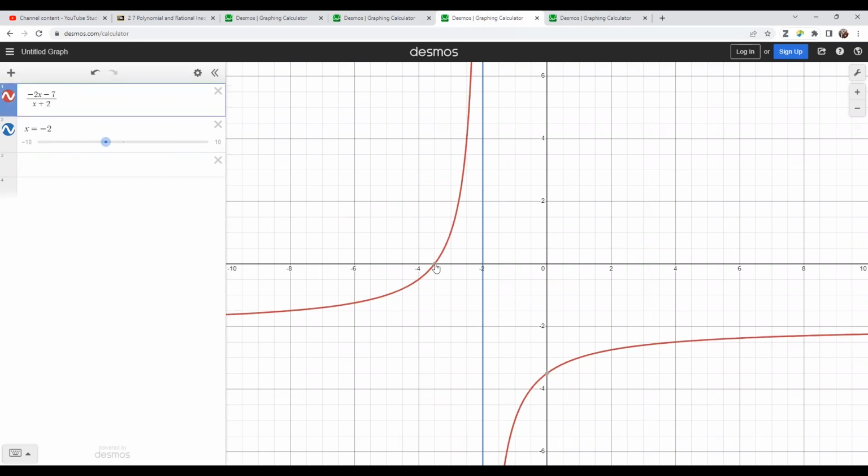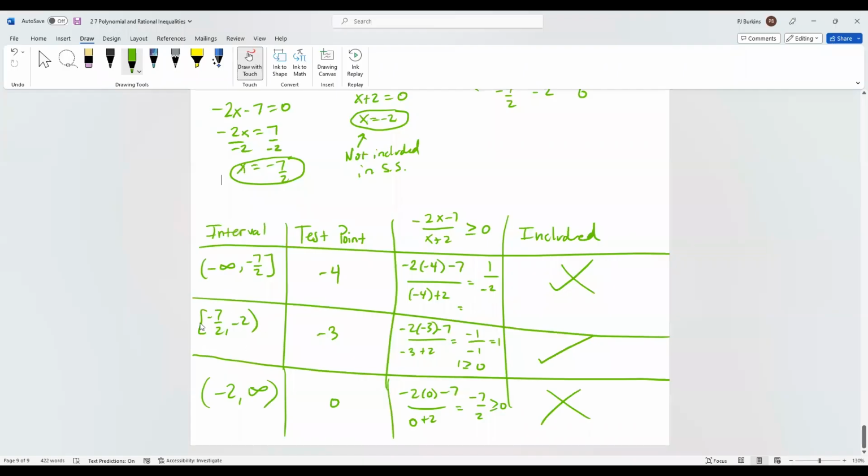According to this, it's negative 7 halves over to negative 2, negative 2 not included. And that's it, right? The rest of this curve is not going to make it above the axis. So greater is from negative 7 halves to negative 2. Negative 7 halves is included because it was equal to. Negative 2 is not included. So let's just hop back over to double check. Right, negative 7 halves included, negative 2 not included.